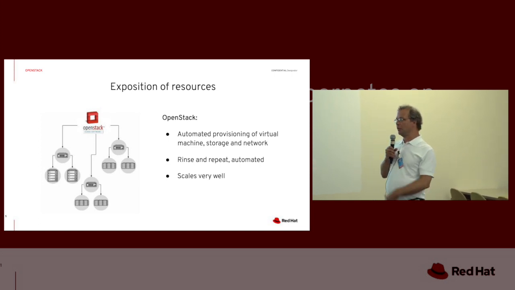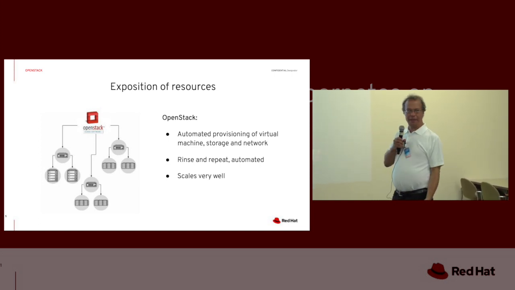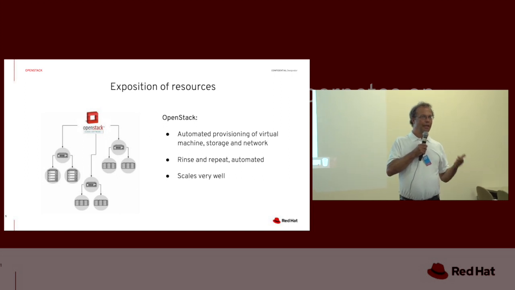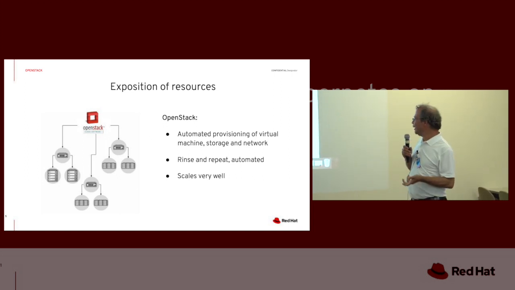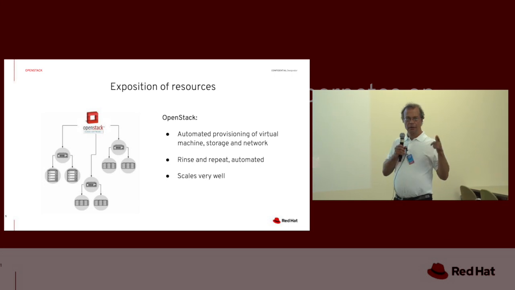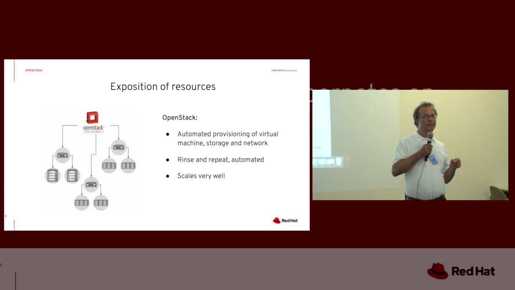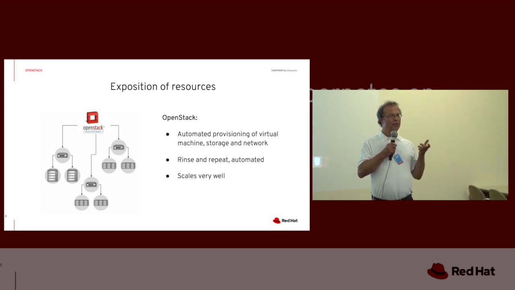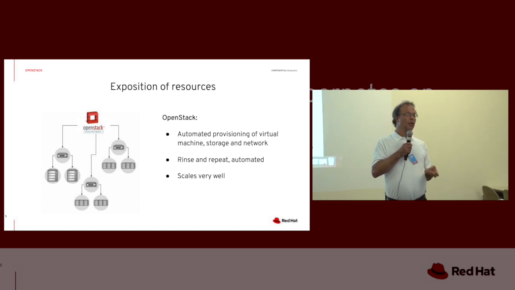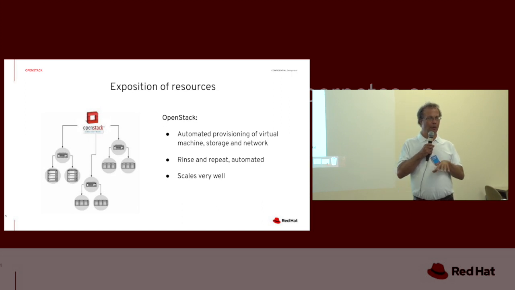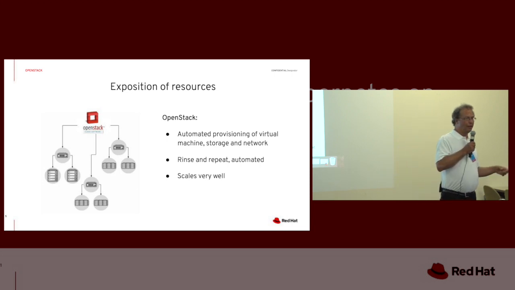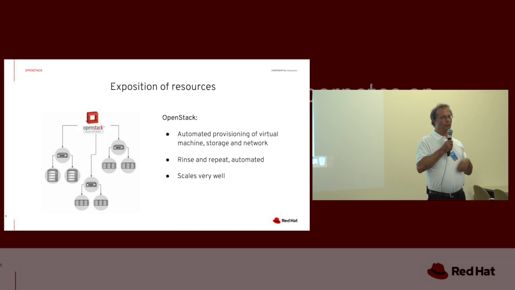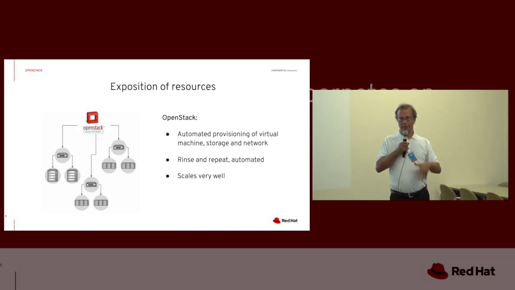OpenStack can automatically expose the compute, the storage, and the networking, and we'll see in a second there's something called Ironic, which is the bare metal service, and that can expose the actual servers. So if you want to run Kubernetes on bare metal, OpenStack can do that for you, or if you want to run Kubernetes on OpenStack instances, it can do that for you as well. So it scales very well. It will scale up and scale down as the cloud grows or expands.